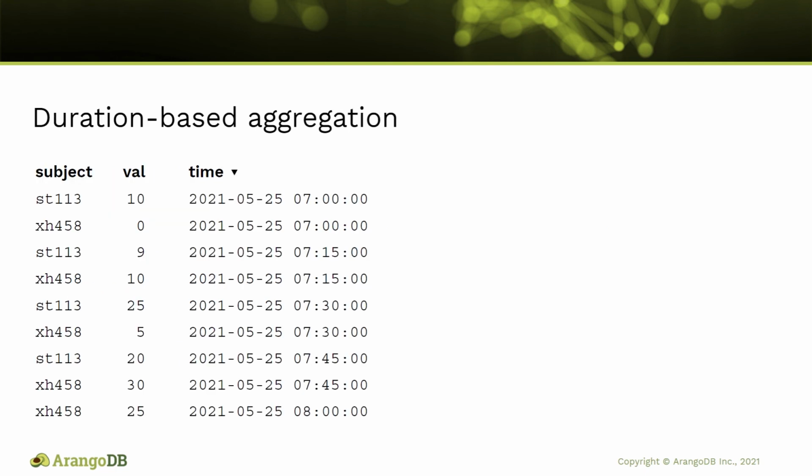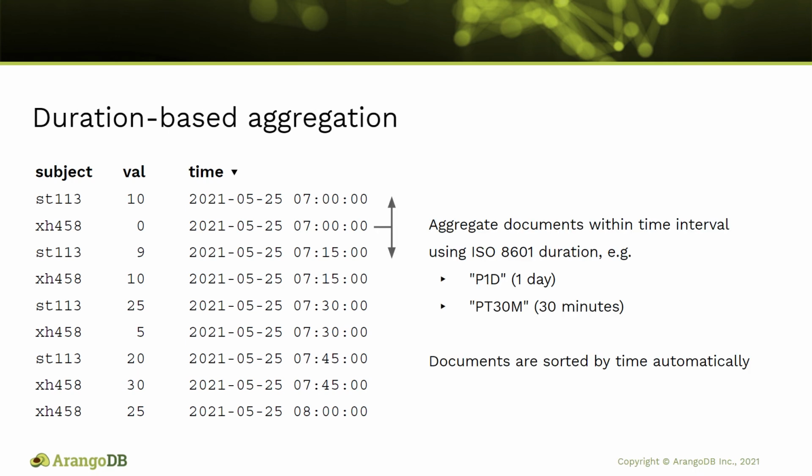With duration-based aggregation, we can aggregate documents using a time interval as a range. And we do this by specifying an ISO duration string, such as P1D for 1 day or PT30M for 30 minutes. Like with the range-based aggregation we saw before, there's no need to explicitly sort by the time attribute because that happens automatically.